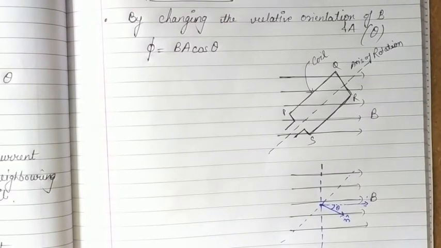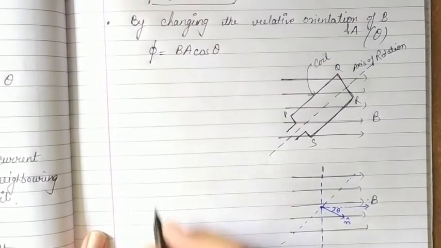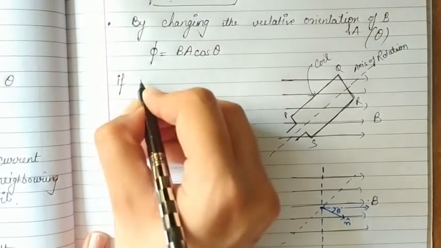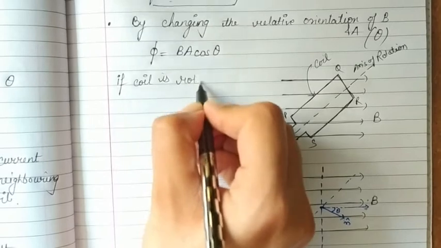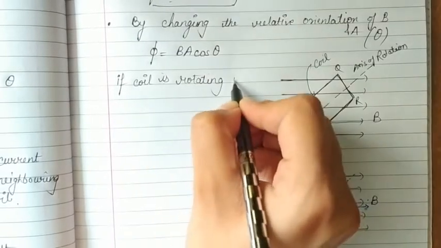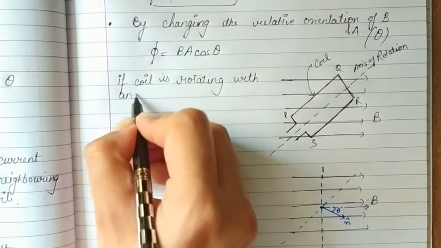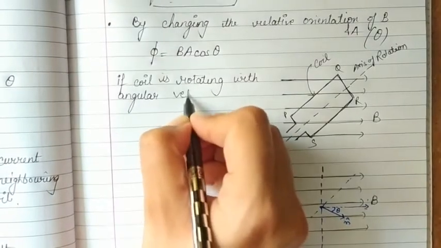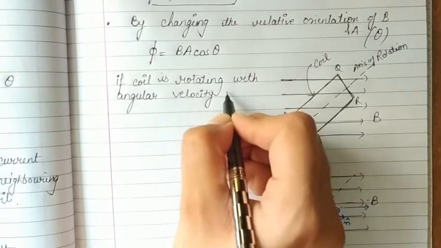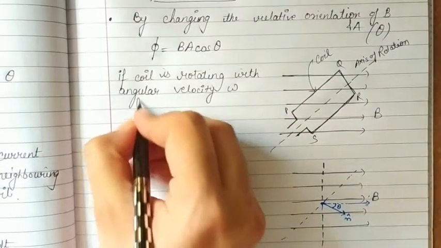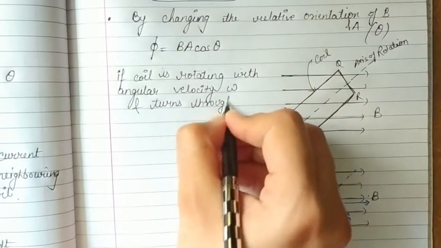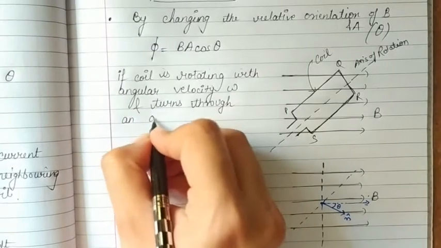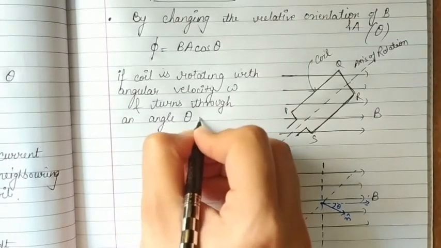Now this coil is rotating. We are talking about changing the relative orientation, meaning theta. So this coil is rotating with an angular velocity of omega. We are assuming that the coil is rotating with angular velocity omega and turns through an angle theta in time t.